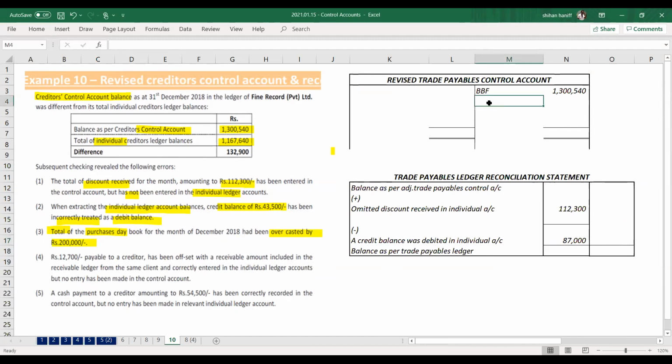Purchases are recorded on the credit side. So if it is overcasted, we have to correct it. Debit. Overcasted purchases 200,000.